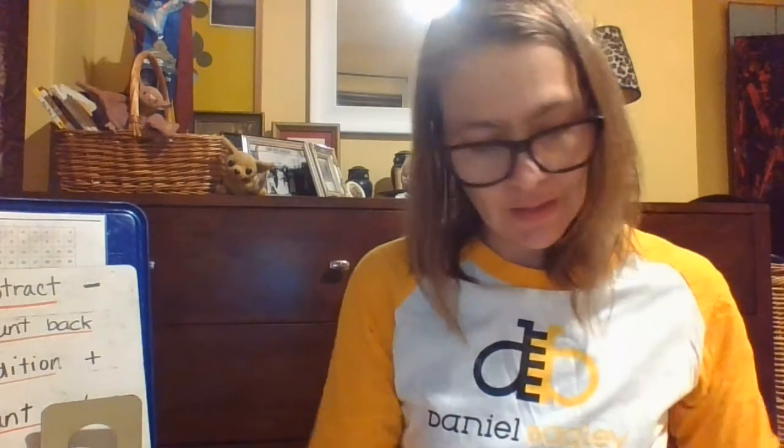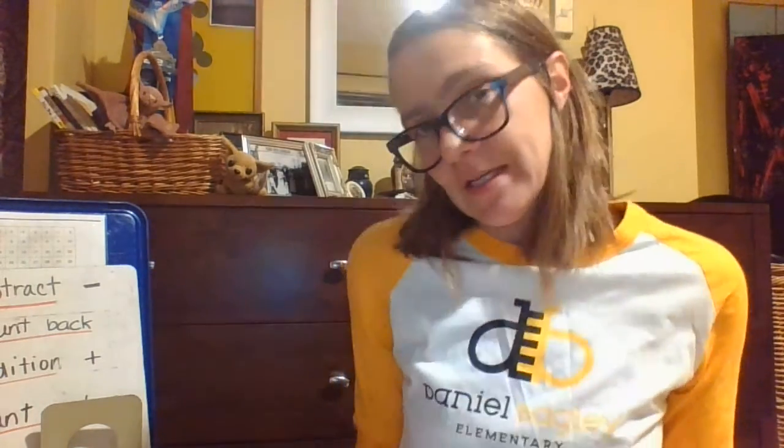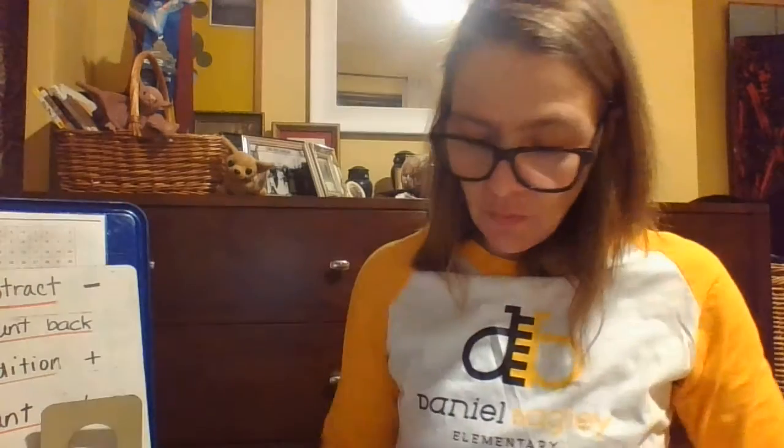Now I'm going to show you how you can count back for those of you that like to double check with subtraction. Let's think of a different problem: 13 minus 9 equals. We may not know that, but we might be able to think what plus 9 equals 13.